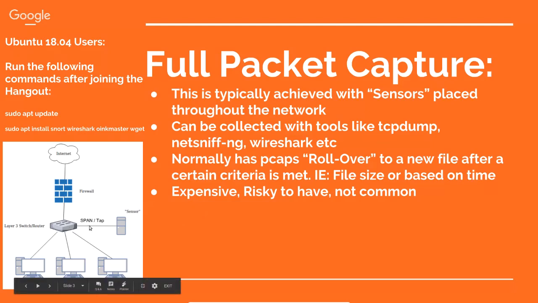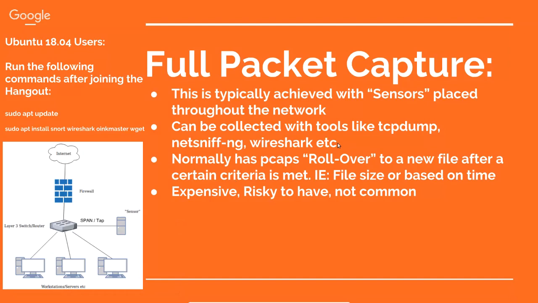It also makes your IDS a little bit more disguised. Whenever you have a span, assuming the attacker has control of the switch, they could theoretically see that you are doing full packet capture, and possibly even change the config or what you're spanning to that sensor, to make it so that you're not capturing their specific traffic.